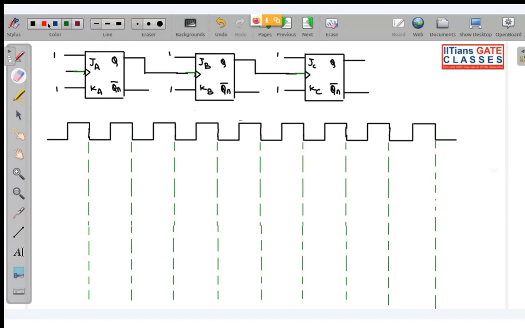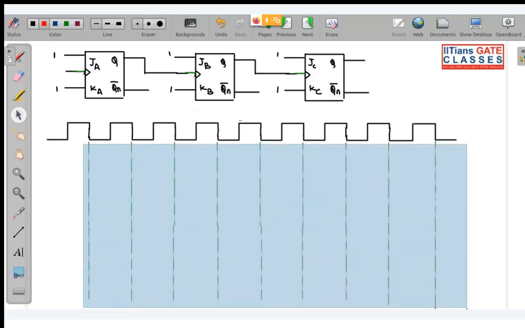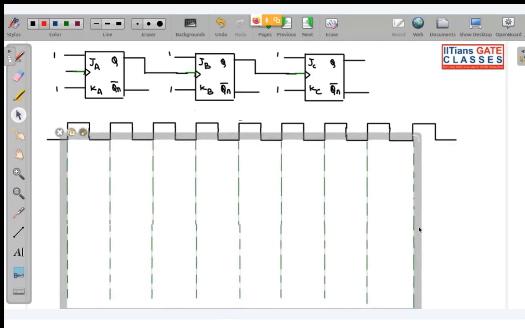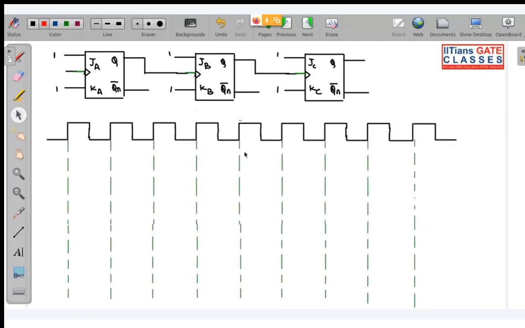Okay. So now I have told you that all the flip-flops are positive edge triggered. If it is positive edge triggered, I have drawn the diagram for negative edges. So for me it's fine, but I guess if you have drawn, then you have to redraw it once again.